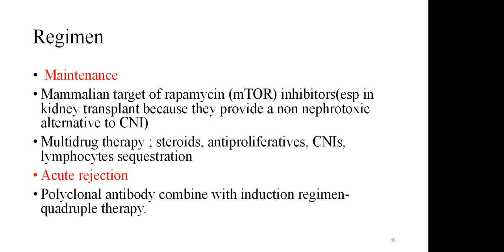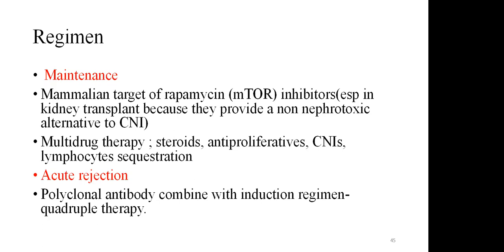For maintenance, there is the mTOR inhibitor, which is the mammalian target of rapamycin inhibitor. It is a target because mTOR is involved in the pathway of interleukin-2 receptor transcription.